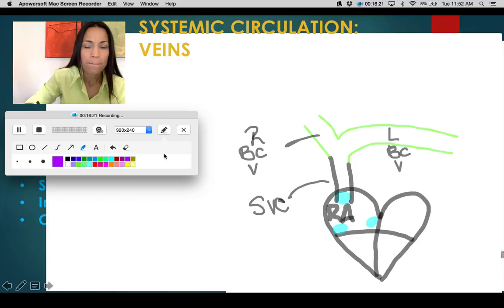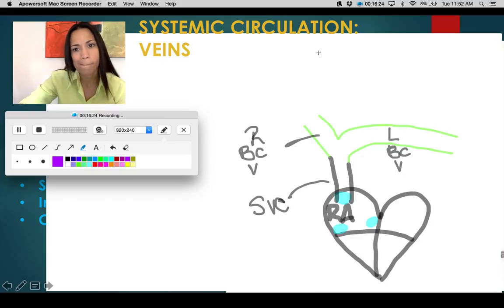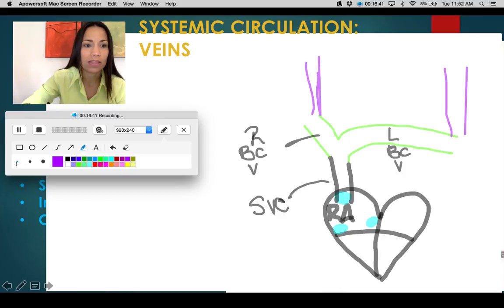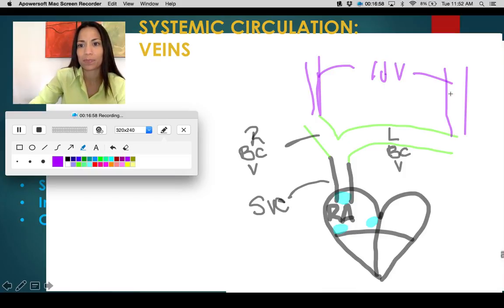Well, we have coming from your neck and head, this is kind of a gigantic neck, but coming from your neck and head, we have the internal jugular veins, this and this and this.